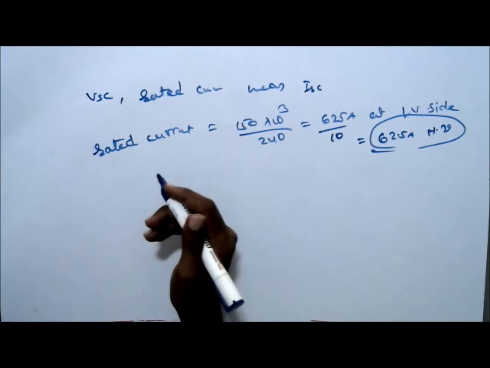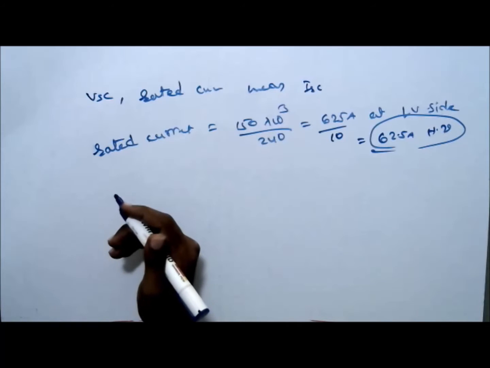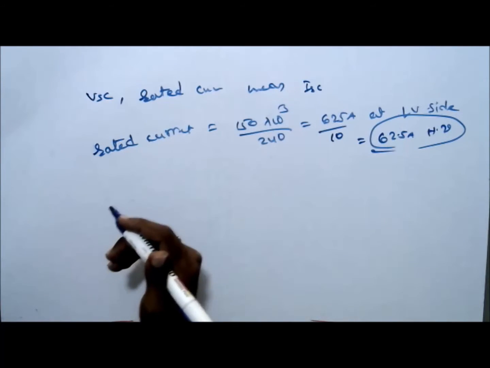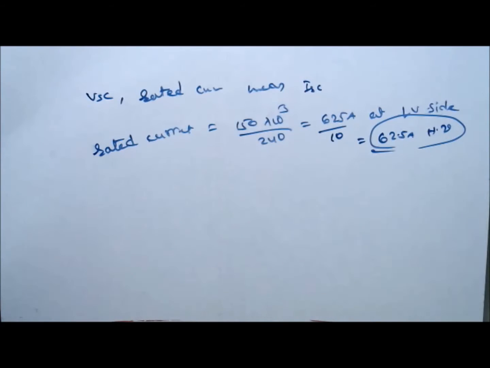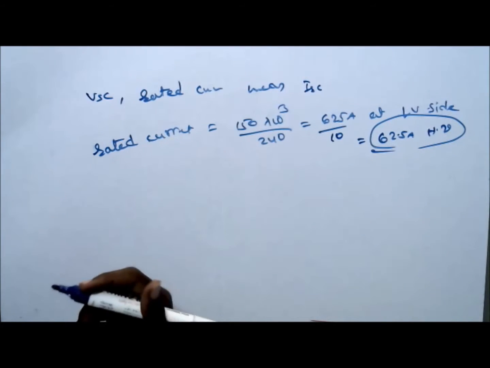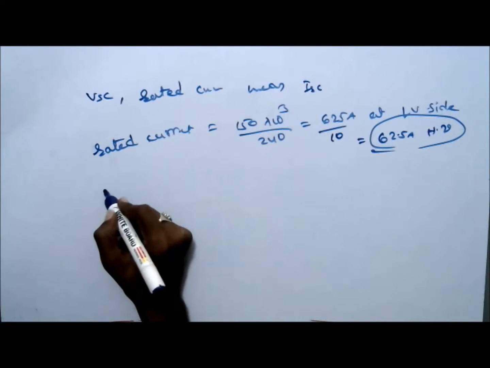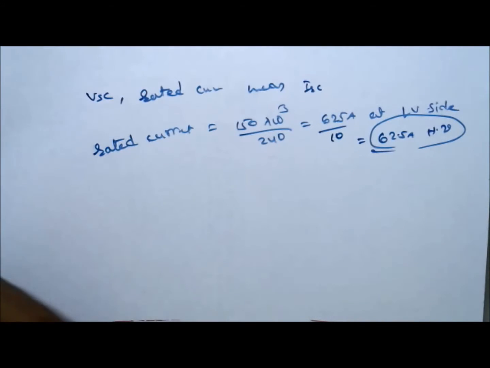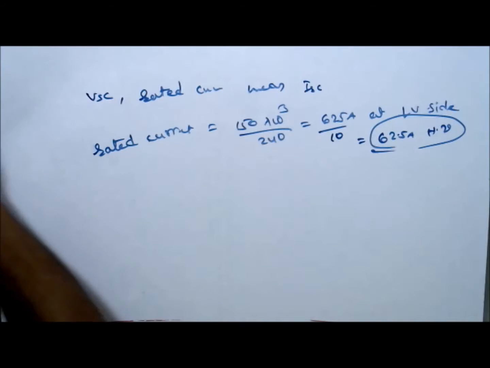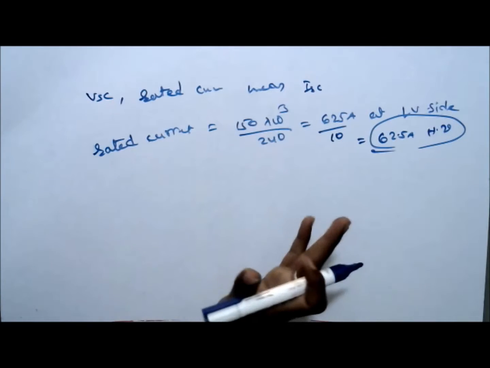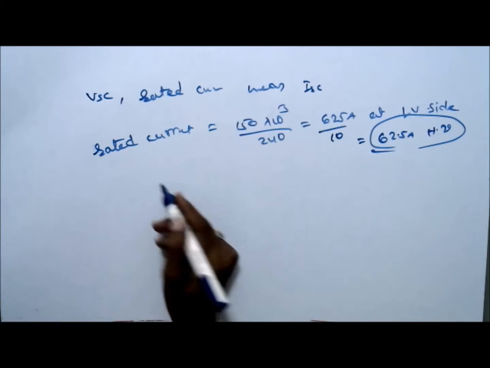Here you can neglect the shunt branch parameters and consider only the series branch parameters. If you refer the resistance R2 to the primary, it will get multiplied.